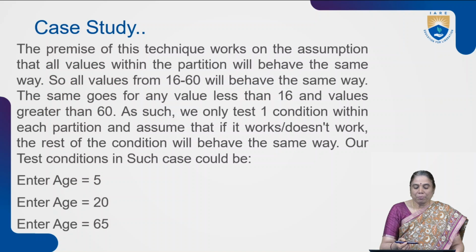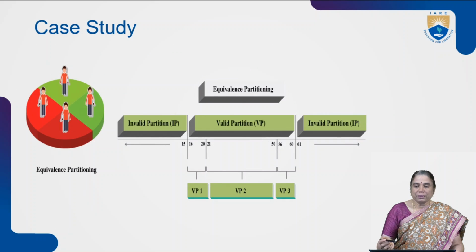For example, enter age 5, enter age 20, enter age 65. Three input values for the age are taken as an example. Entering age 5 falls into the invalid partition, the valid partition is 16 to 60, and 65 falls into the other invalid category.